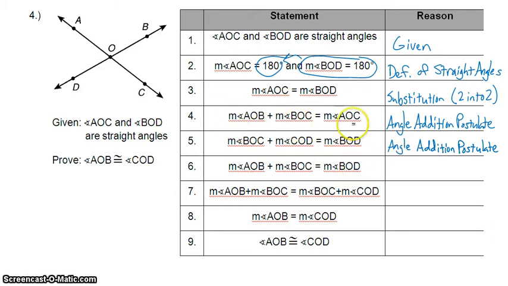But the right side is different. AOC has become BOD. Can I exchange AOC with BOD? Yeah. Step 3 says I can replace AOC with BOD. So if I take step 3 and substitute into step 4, I create step 5.